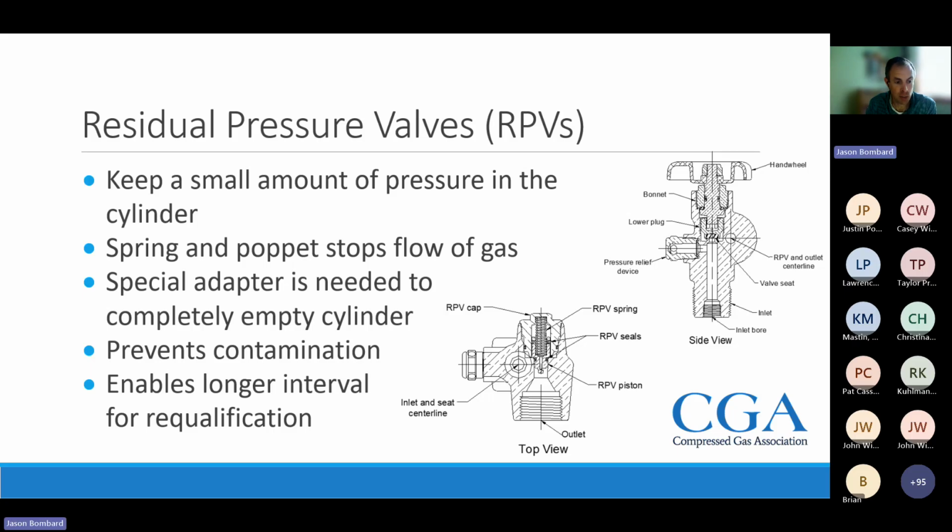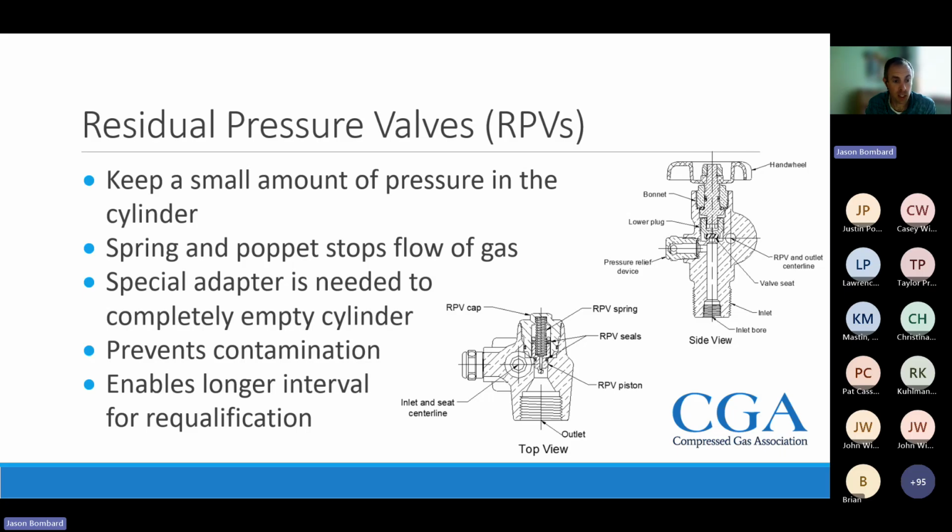These are used to prevent contamination of the cylinder. So if somebody in the field uses that cylinder and doesn't close the valve when they're done, that cylinder will breathe every day with the changes in temperature. You'll end up with moisture and air in that cylinder. This stops that from happening.